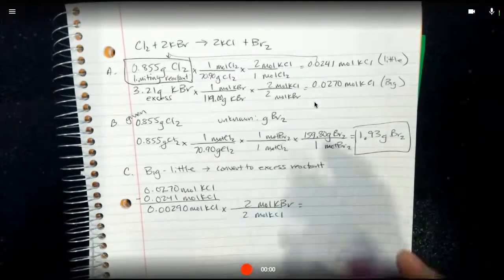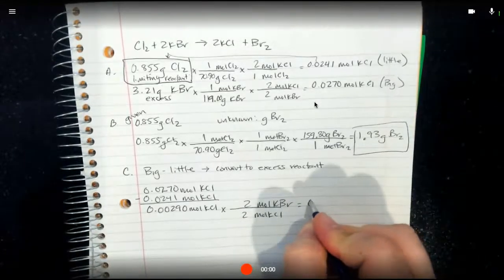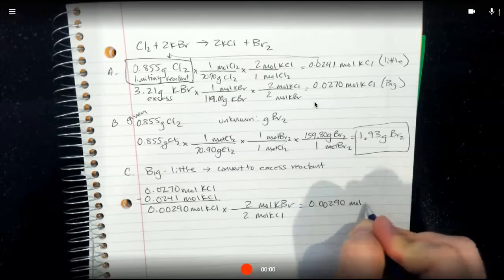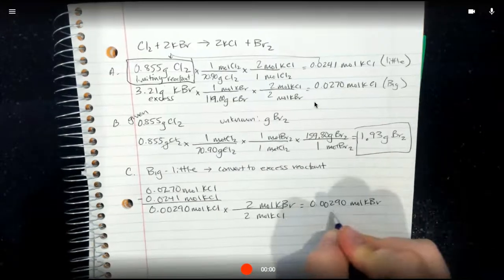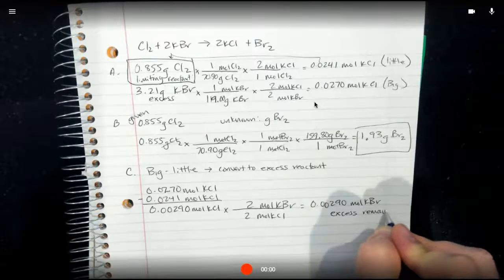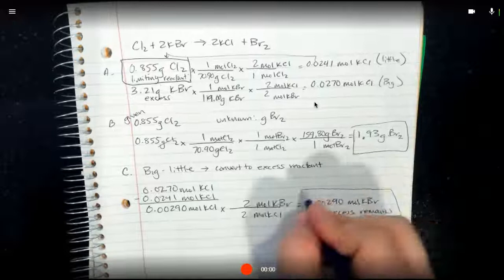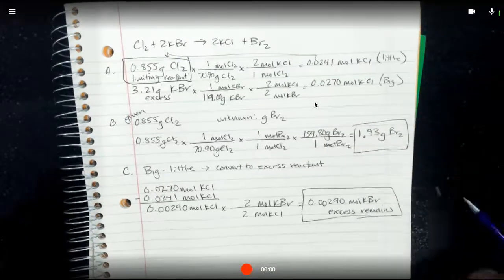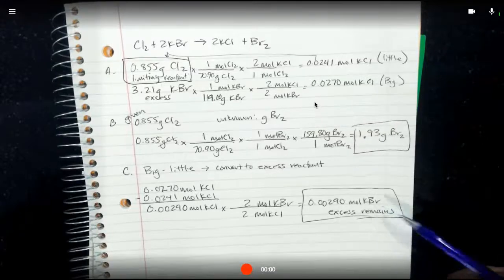So that will give us 0.00290 mole KBr. This is our excess remains. This is how many moles of excess remains. Now, if it asks you to go to grams of KBr, you would just add that one more step, converting from moles to grams.